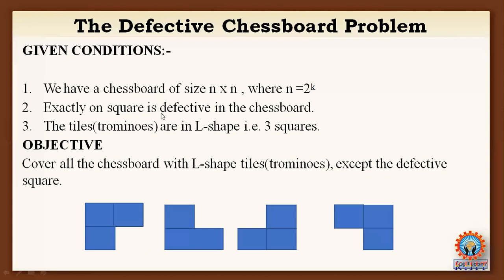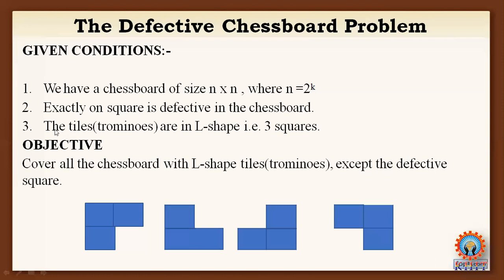That defective square should be identified by being fully colored black. A square fully colored with black is considered the defective square in the given chessboard.